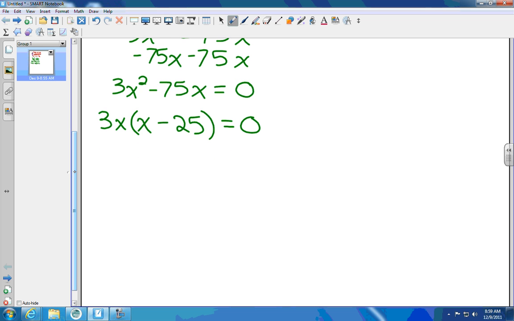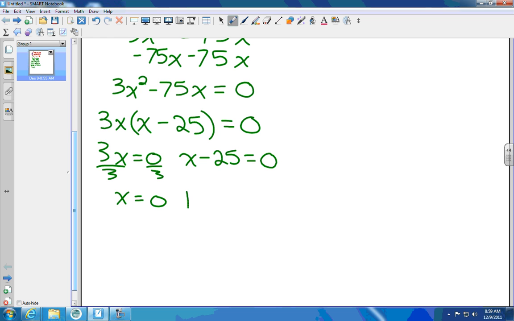So make sure then that you set this 3x equal to 0 also. So if we divide by 3 there, what do we get? Right, x equals 0, and over there, what would we get? So positive 25. So x equals 0 and 25 would be where that one would cross.